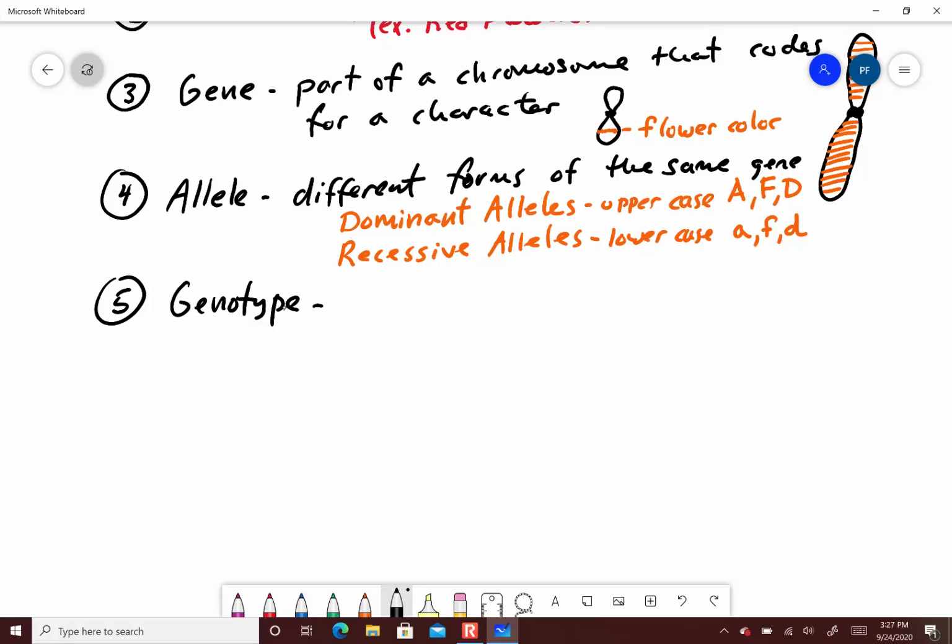And if you remember the picture we drew of the sperm and the egg and the zygote, you know, diploid cells like the zygote have two number 1s and two number 2s and two number 3s, things like that. All right, so this genotype is going to show us the alleles present on pairs of chromosomes. Okay, the alleles present on pairs of chromosomes.